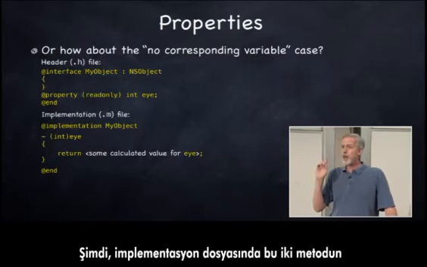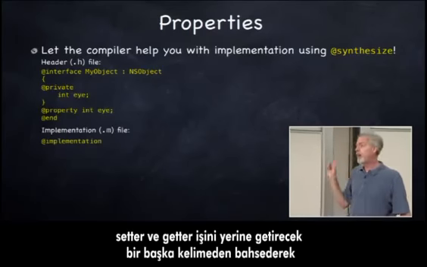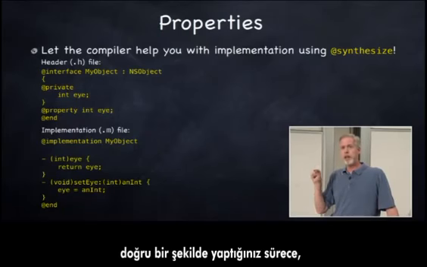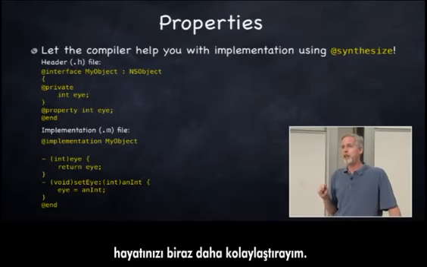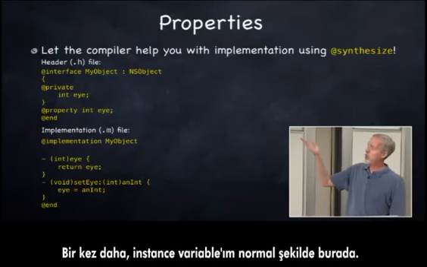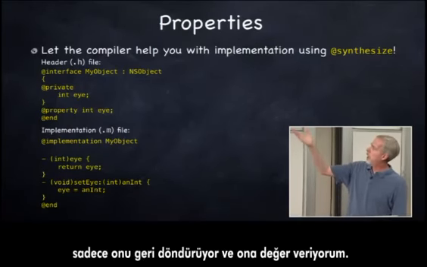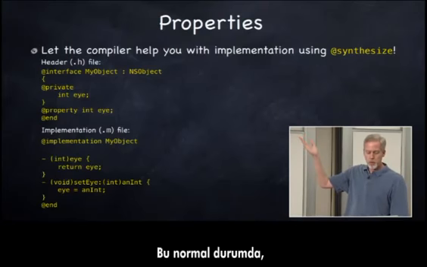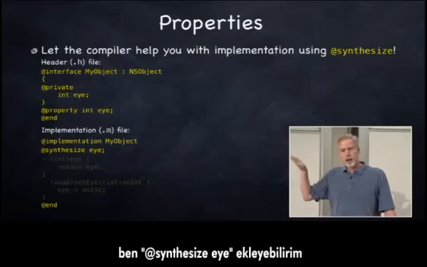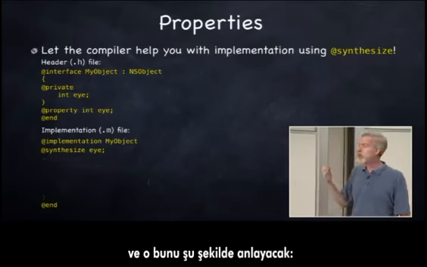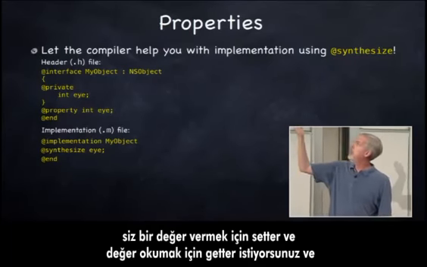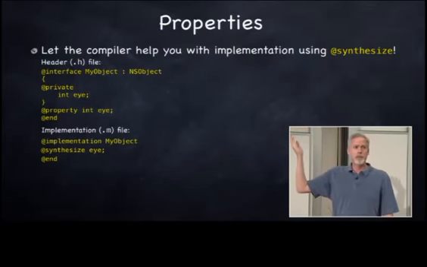Now, I'm going to make life even easier on you by providing another keyword which will implement those two methods, the setter and getter, for you in your implementation file, as long as you're doing it in a straightforward way. So once again, here's the normal case. My instance variable, I'm just returning it and setting it. In this normal case, I can put @synthesize I instead of my implementation, and it will interpret that to mean you want a setter and a getter that sets and gets the instance variable with the same name as the property, right?